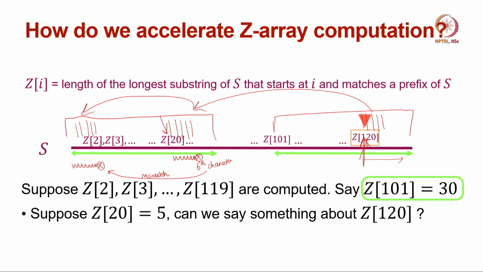We also know that from the 6th character onwards we have a mismatch. Therefore Z120 in this case must be equal to 5, because Z20 is also 5. The 6th character from position 20 was mismatching the prefix, so again the 6th character from position 120 will also mismatch the prefix.